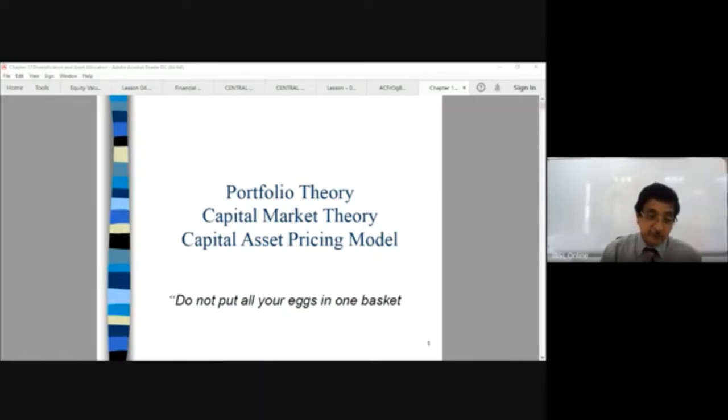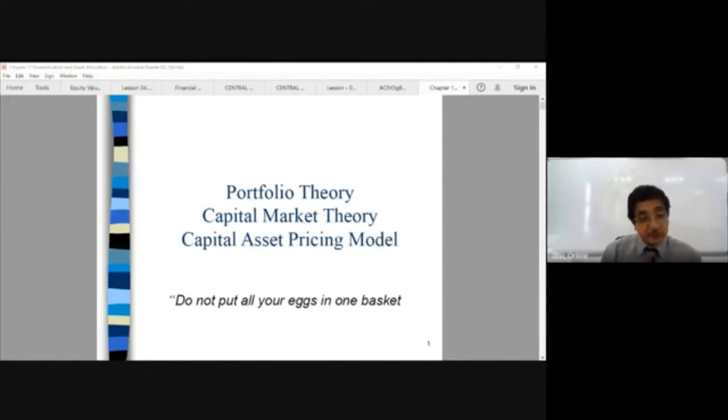And if we do it for a two-asset portfolio, after changing the weights of each asset in the portfolio, we got the risk-return characteristics of all these portfolios.